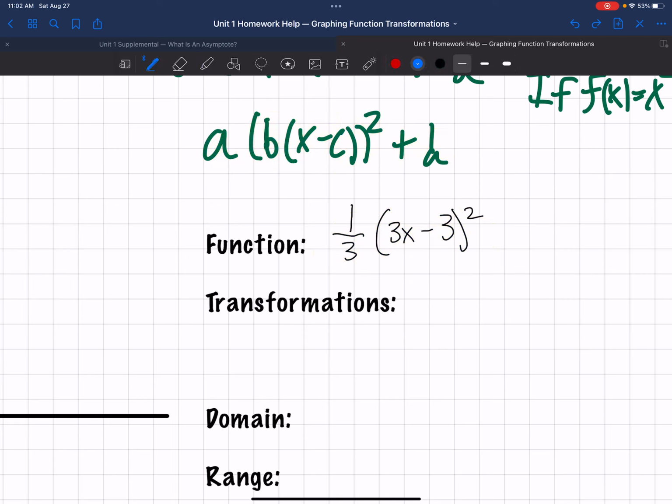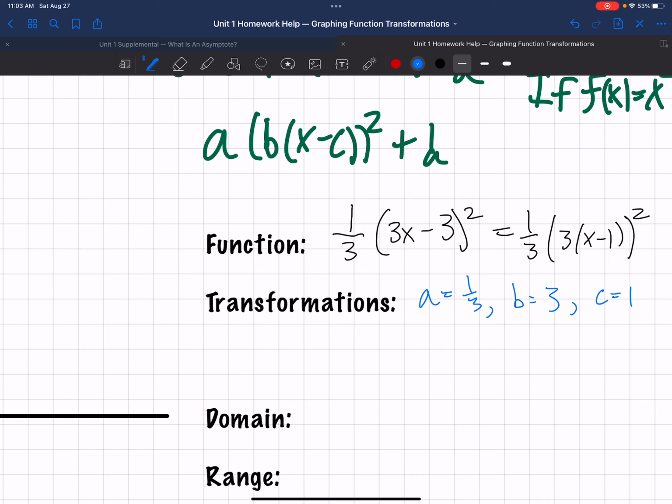I'm gonna factor this out as 1/3 times 3 times x minus 1 squared. Okay, so what are my numbers? A equals 1/3, B equals 3, and C equals 1.